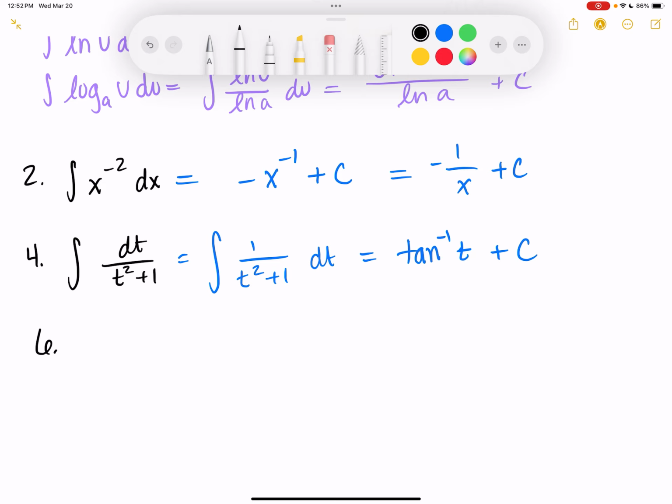6. The integral of, in parentheses, 2e to the x plus secant of x tangent of x minus the square root of x, close parentheses, dx.